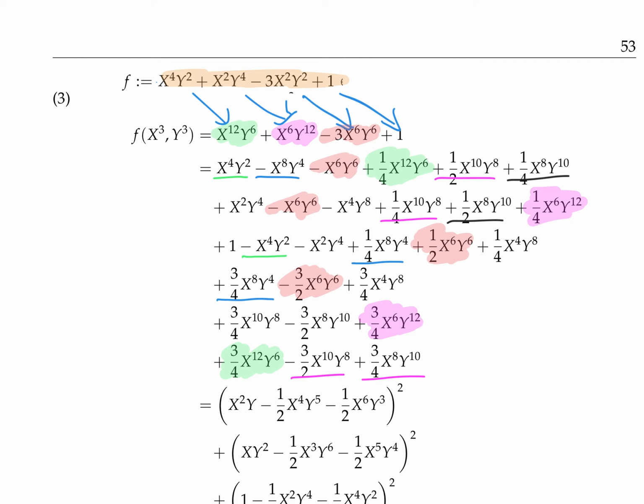X to the 8, y to the... okay. Oh, okay. So I did actually something wrong, I guess. There was something wrong. This is relevant for now, and this was before.